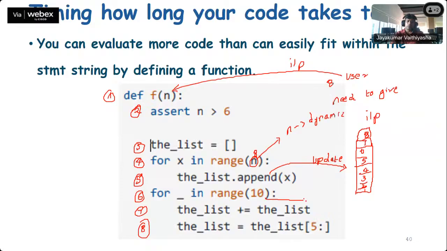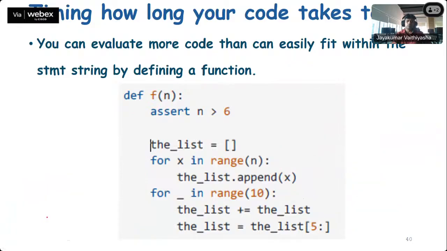This input 10 is static because it is already determined in your program. So each and every time it will take the list, it will do append, and it will do slicing. Okay. So this is about your coding.